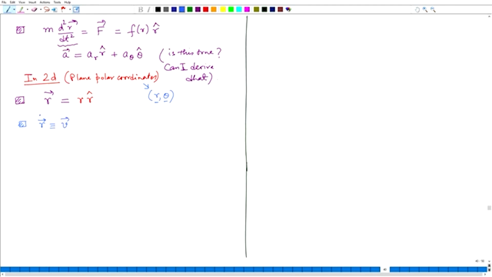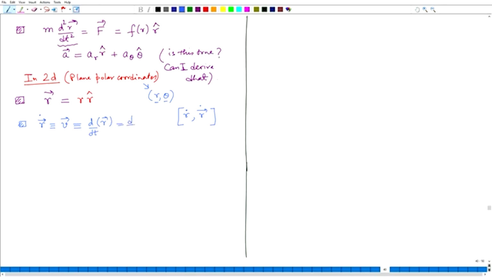Here I would like to make a point of caution: sometimes you mix up or confuse r dot and r vector dot. They are actually different; I am coming to this point in a while. So, this is the r vector and d/dt of that r vector, d/dt of r vector as a whole. This is the velocity vector.